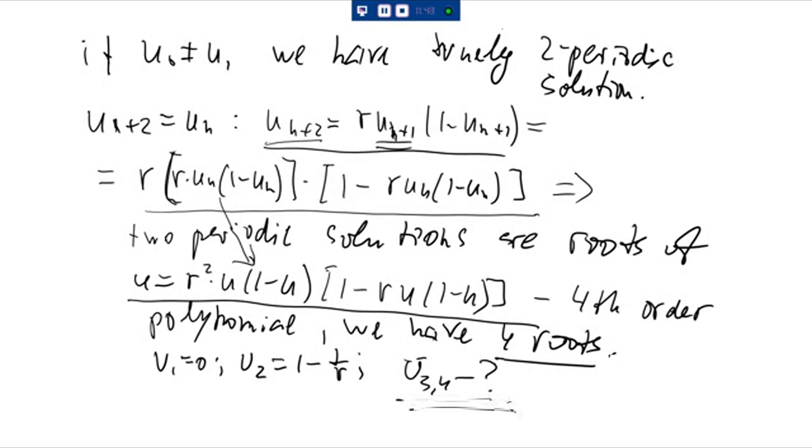So we can divide our equation by u, and we will have 1 equals r squared times (1 minus u) times (1 minus ru(1 minus u)).